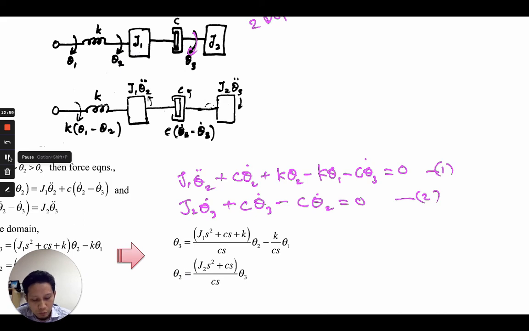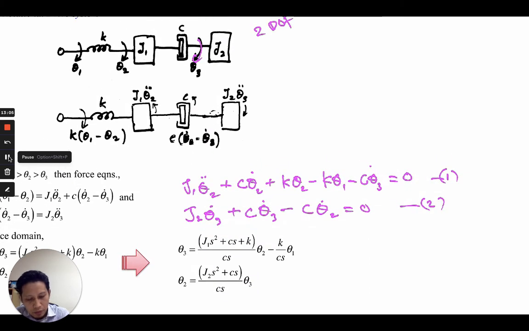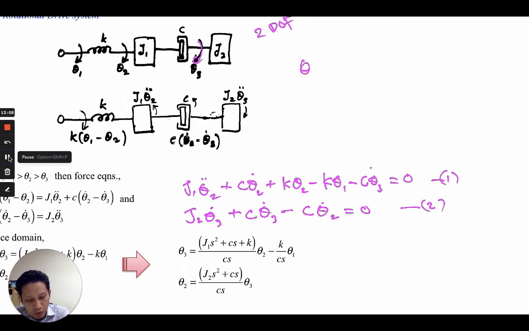Now we can proceed to find the transfer function. The output is theta 3 and the input is theta 1, so we want to find theta 3 over theta 1. Remember, last time when we have the parameters, we list out what we want to find, what the input is, and what the output is. So theta 3 is the output, theta 1 is the input, and the other parameter is theta 2.